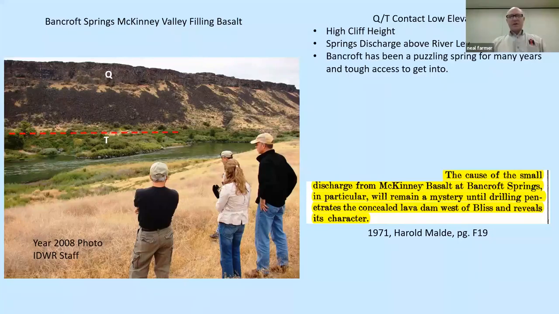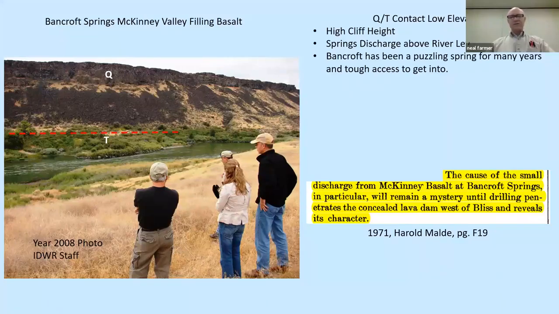I would surmise anyway, because one of the things Maldi states in his 1971 report on page F19 is that the Bancroft Springs, he basically says, will remain a mystery until some drilling penetrates and reveals the lava dam west of Bliss and reveals its character. And one of the reasons is because the discharge of Bancroft is oddly low.